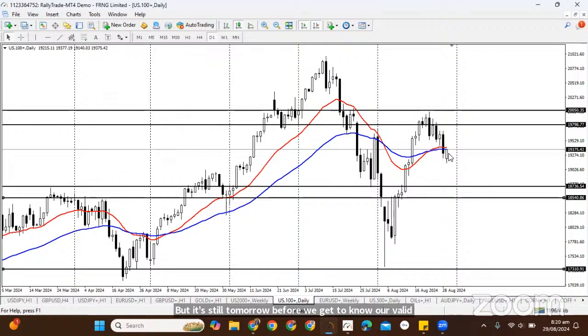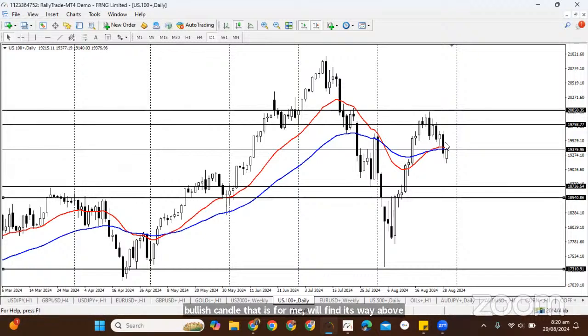It's not really happening at a good support, except the moving average will now be our support, because right now I can't see that price has broken this moving average. So there is tendency this bullish candle that is forming will find its way above the moving average.